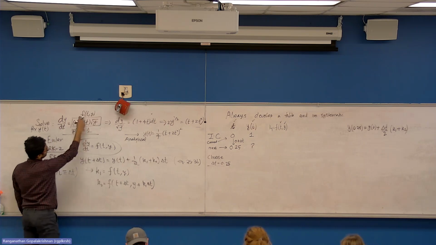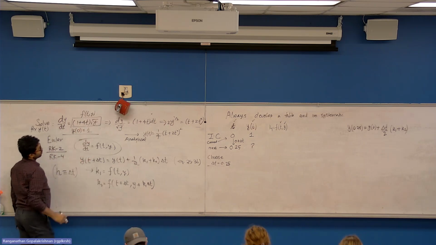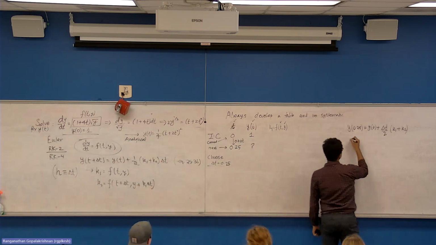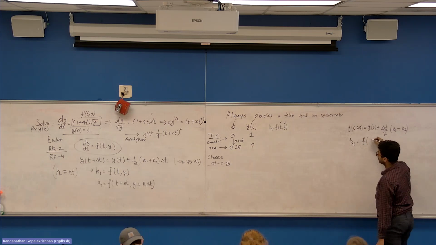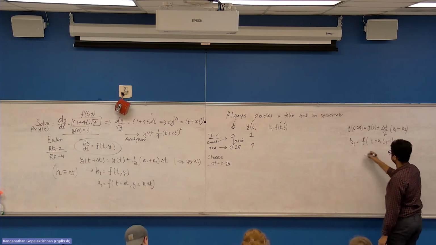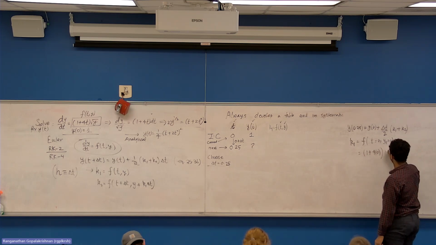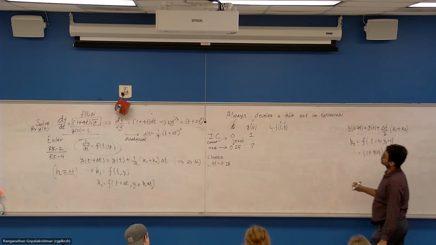So you have to evaluate this function at time equal to 0 and y equal to 1. K1 is equal to the function evaluated at time 0 and y equal to 1, which would make it 1 plus 4 times 0 times square root of 1, which is 1.